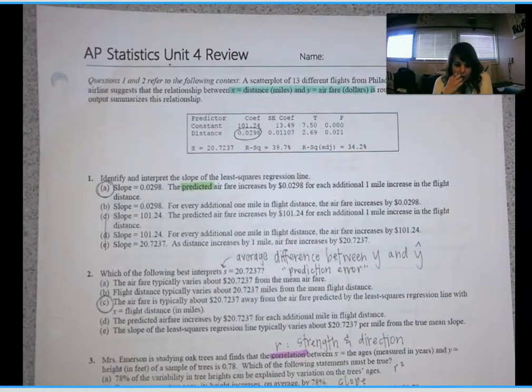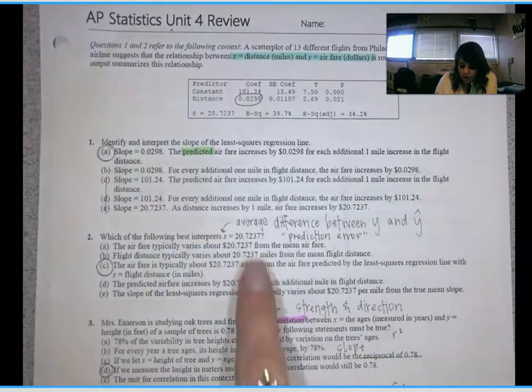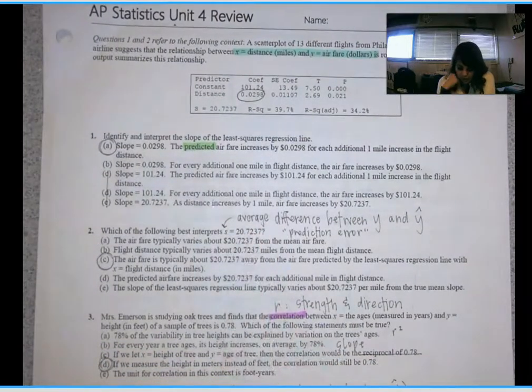Number 2, which of the following best interprets S? S is our average difference or distance between our observed values and our predicted values. All of the numbers for S are correct, so we have to go through and find which one is closest to our phrases to memorize, and that is letter C as in Charlie.